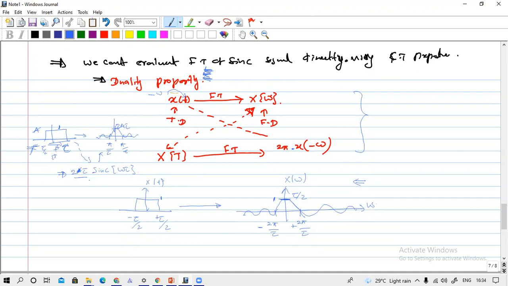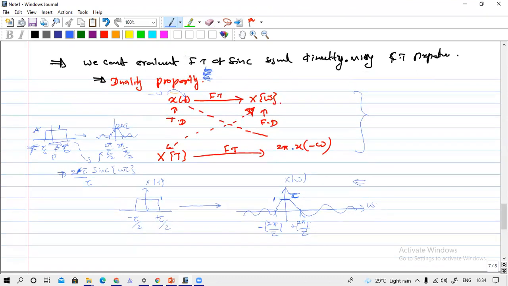So the amplitude is tau, not 2 tau. And you can see that here it is omega tau, at omega tau it is pi by tau. But here we have tau by 2, so that means omega tau by 2. So we have 2 pi by tau, minus 2 pi by tau.